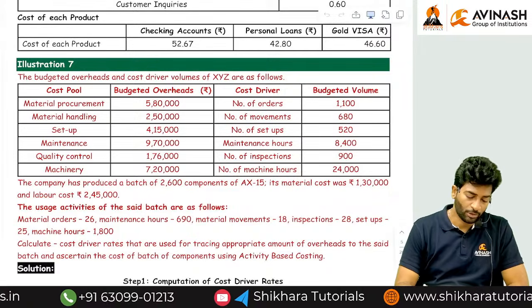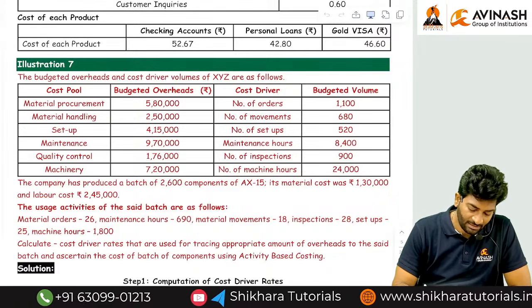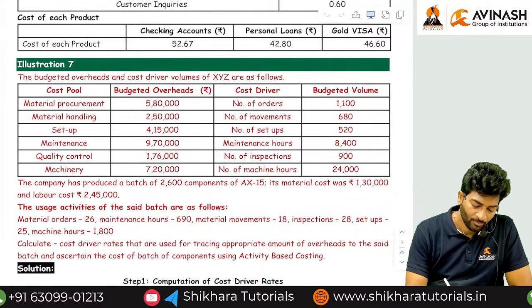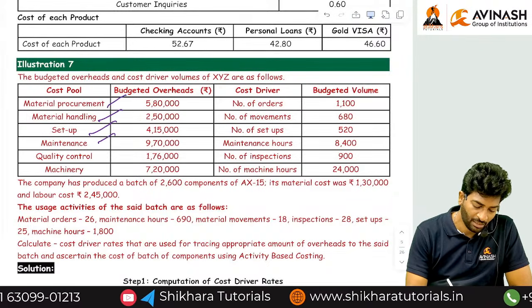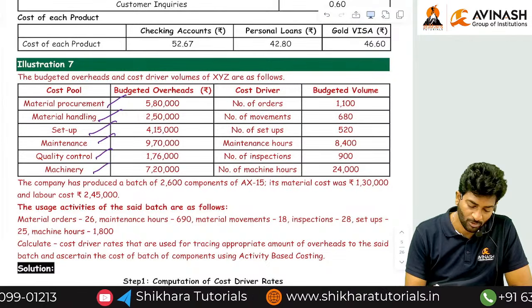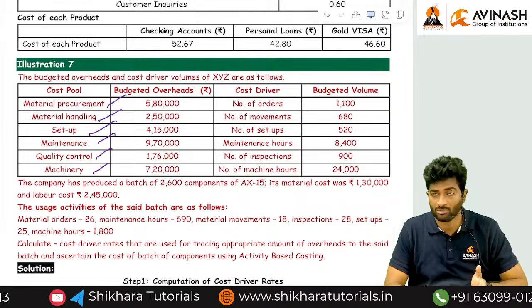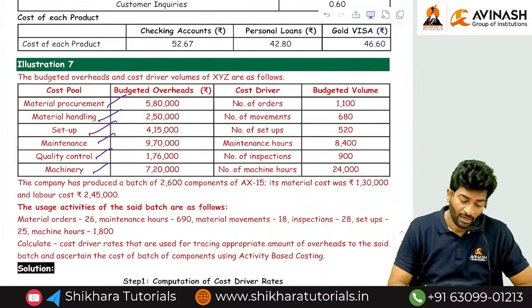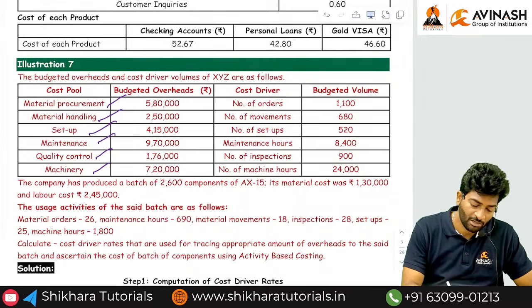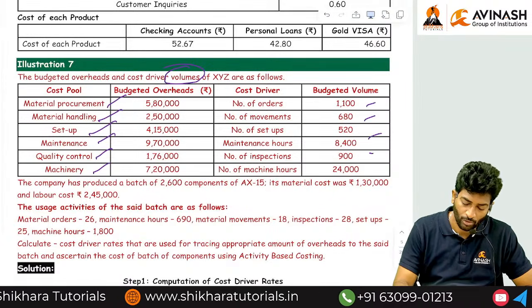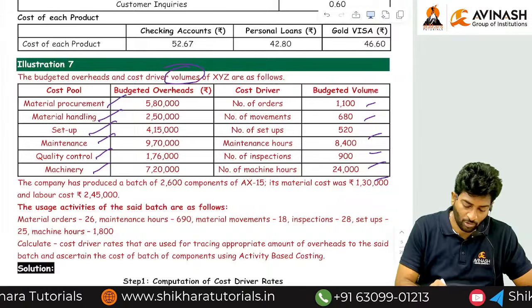So budgeted overheads, total we have 6 categories: material procurement, material handling, setup, maintenance, quality control, machinery. So totally 6 overheads, and you can call all those 6 as 6 activities. And with respect to cost driver quantity, it is given as cost driver volume. Volume is nothing but cost driver quantity. So you have all the quantity. Respective cost drivers are also given.